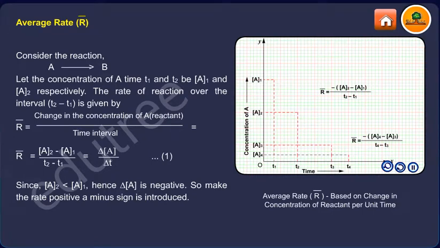Since concentration of A at time T2 is less than concentration of A at time T1, delta concentration of A is negative, so to make the rate positive, a minus sign is introduced.